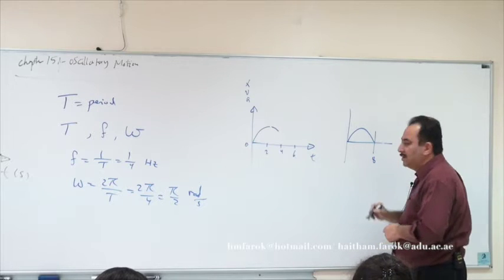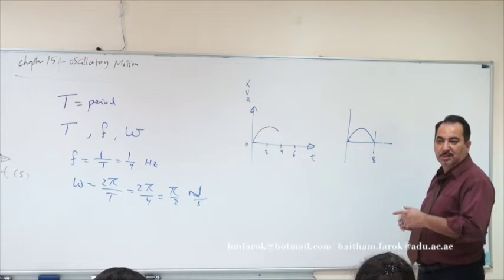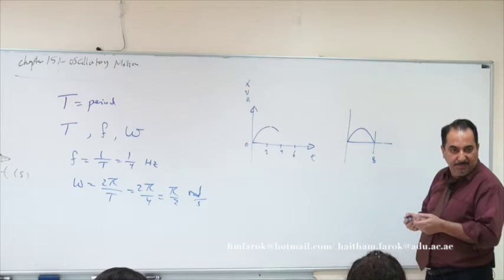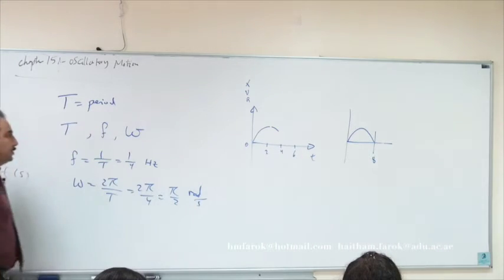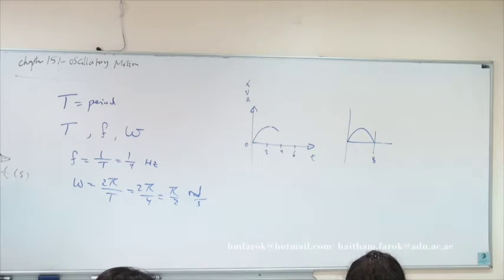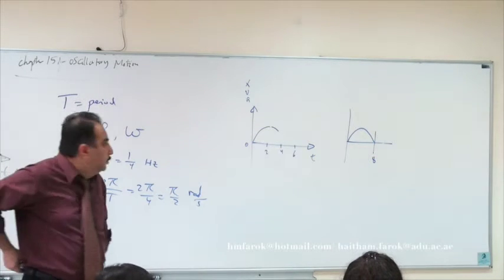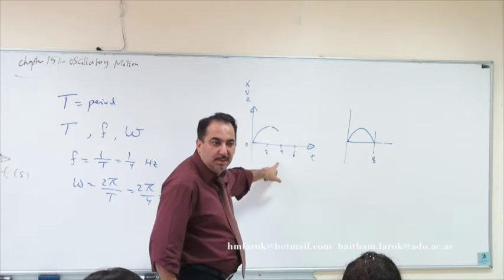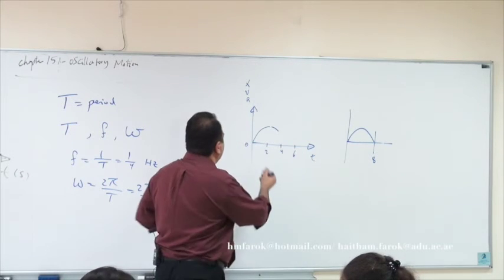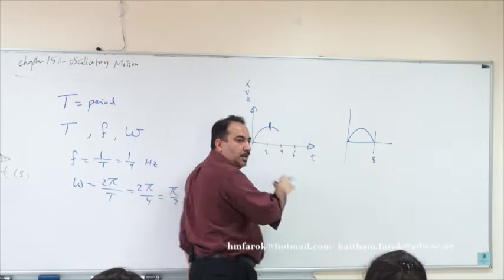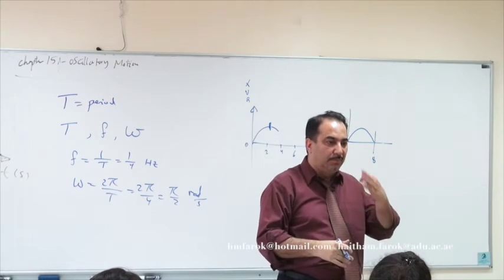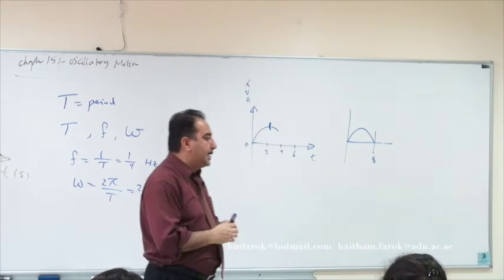If this is 8, then 16 seconds. So you don't need a complete cycle. Right, so this is the first thing here. Because I know from here to there is a quarter of a cycle. So if you want a complete cycle, times 4. Okay?